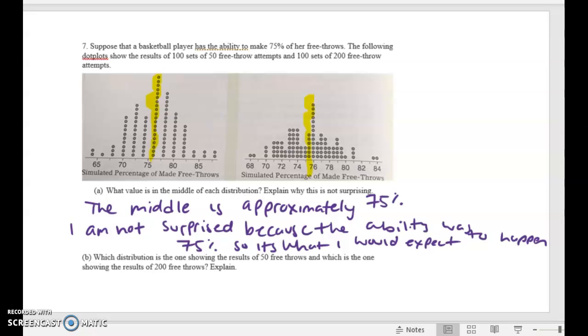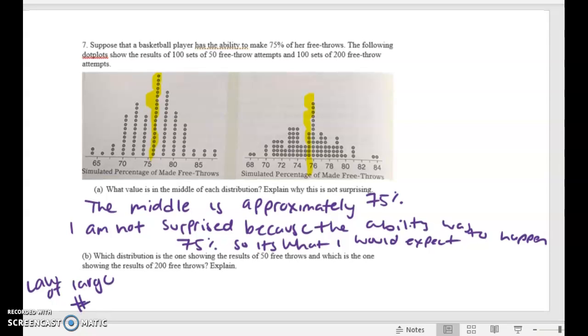All right, so which distribution is the one showing the results of 50 and which one is the results of 200? So that has to do with the law of large numbers. The law of large numbers says that the more performances that I see, the closer and closer to the true ability I get.